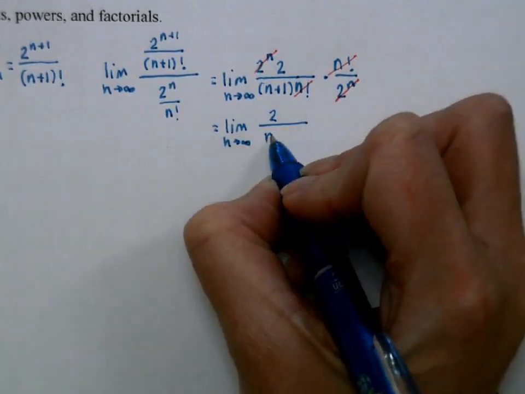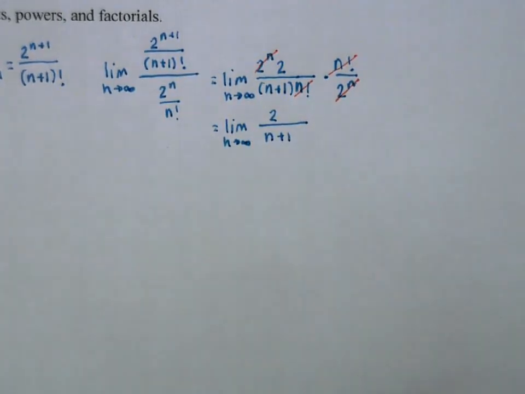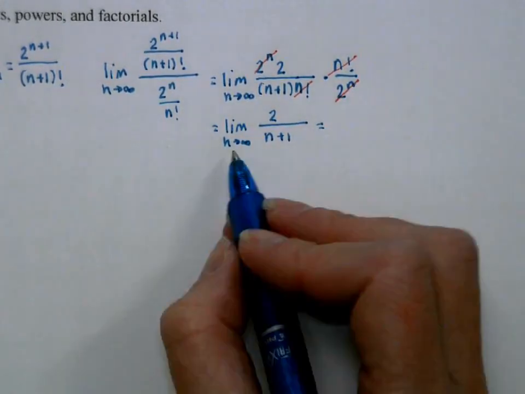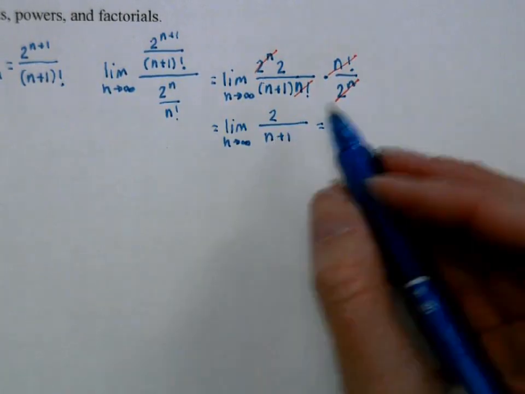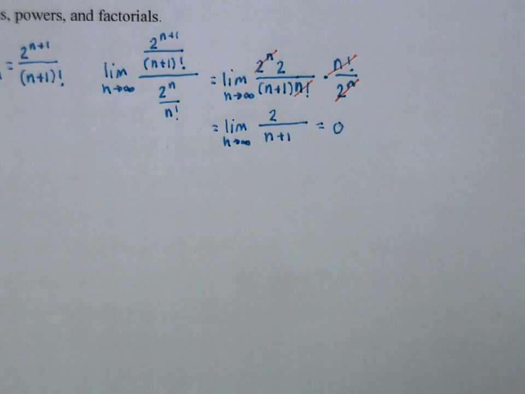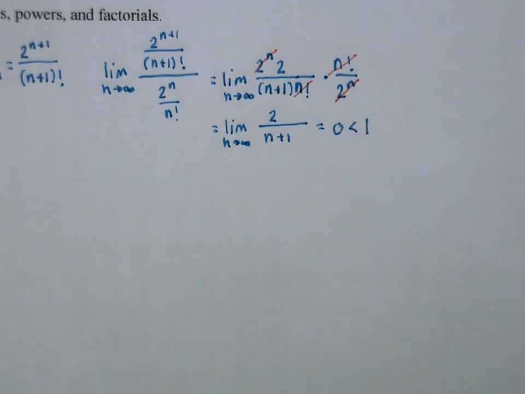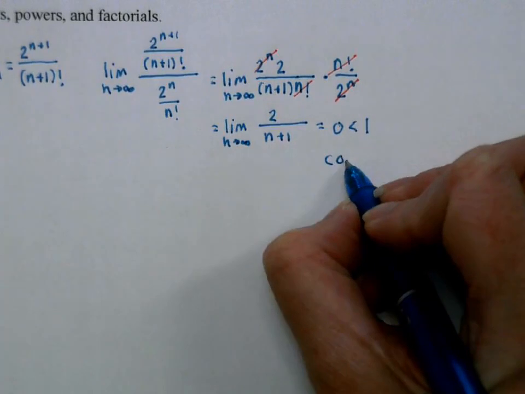All that's left in the denominator is n plus 1. And suddenly we have a very easy limit to evaluate. As n goes to infinity, this denominator is going to grow, so it goes to 0. What we care about with the ratio test is that value is less than 1, which means the series converges.